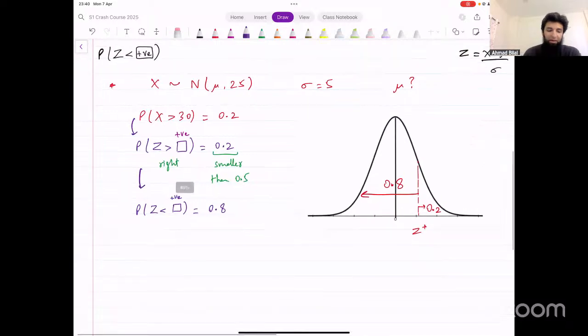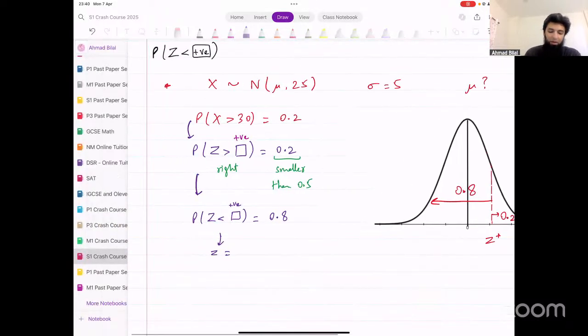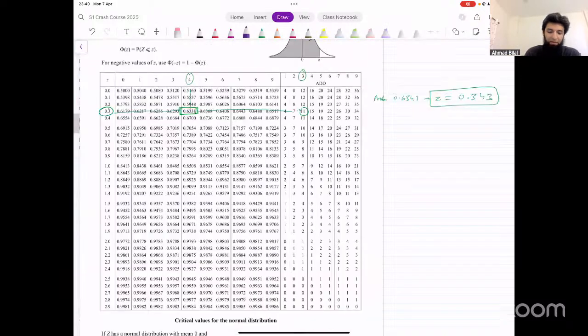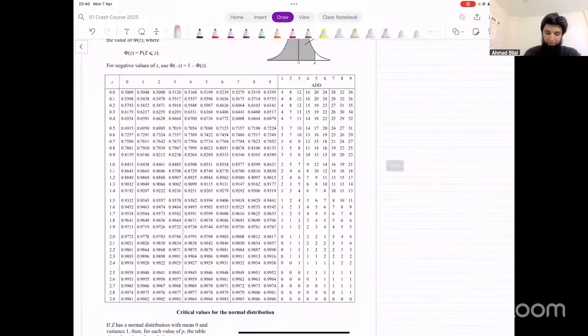And how does that help now? This is now the standard form that you can use the table for. So you go to the table, you find the Z value corresponding to 0.8. Let's find that out here.